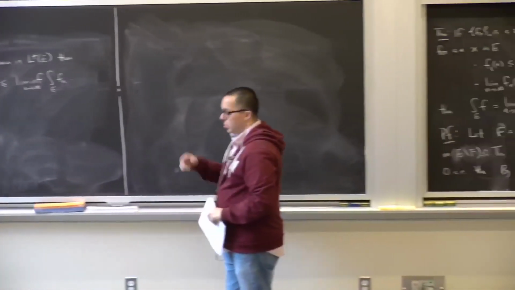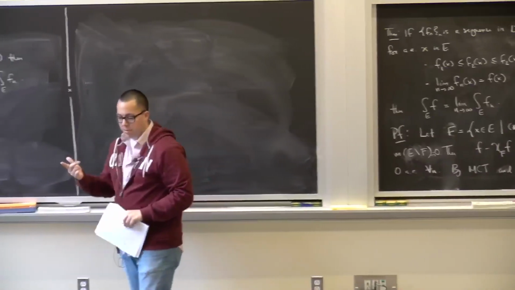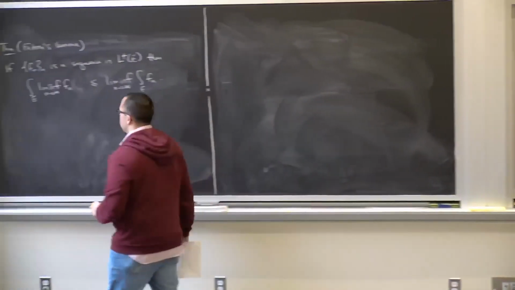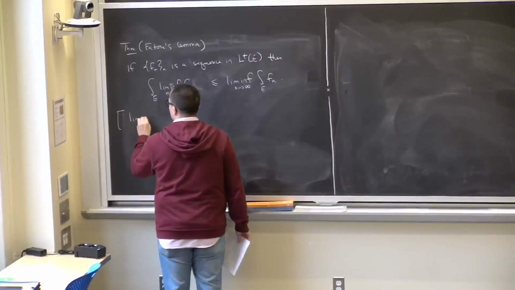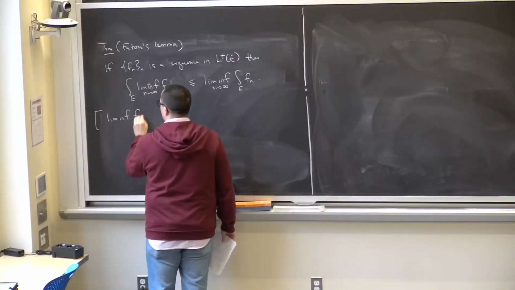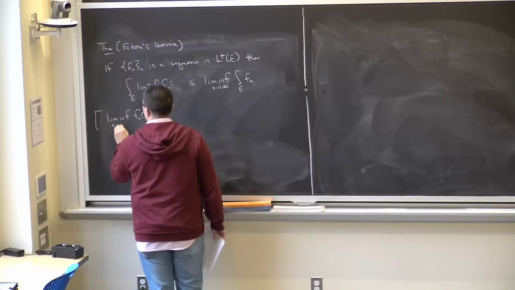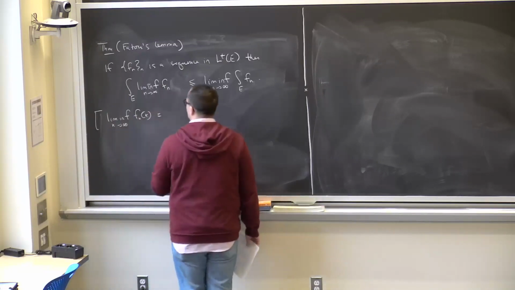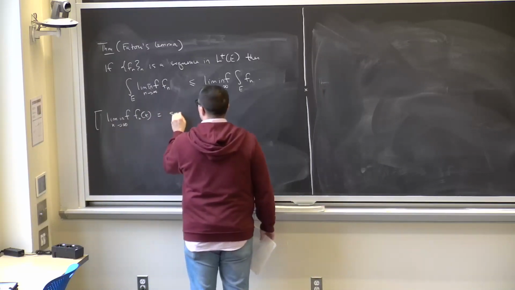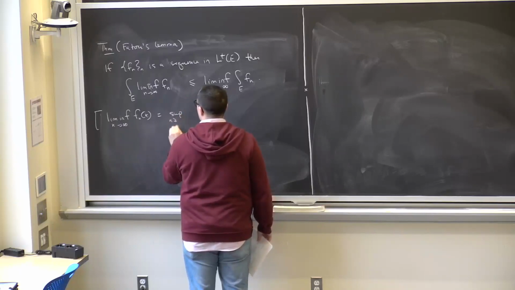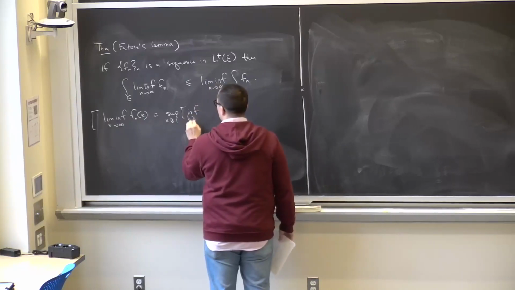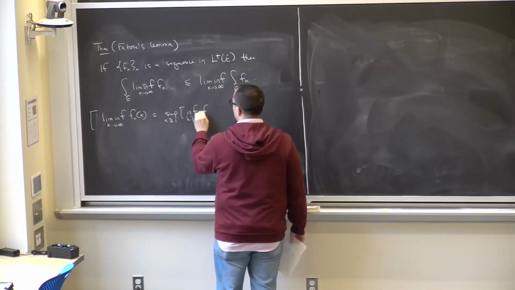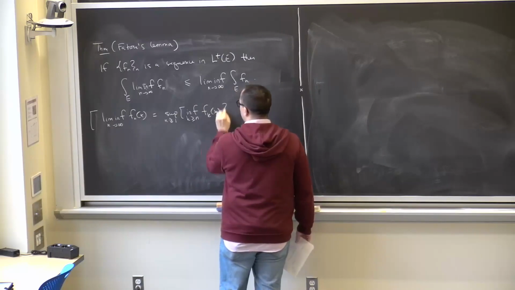Okay, so the lim inf of f sub n, let me just recall, what is the lim inf? This is equal to the sup over n equals 1, inf over k bigger than or equal to n, f k of x.